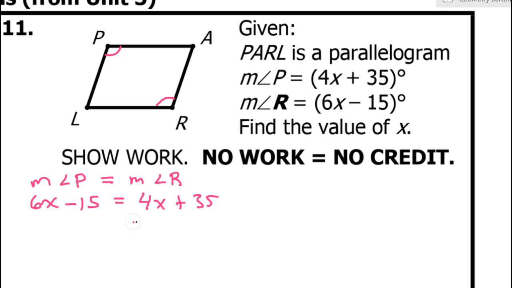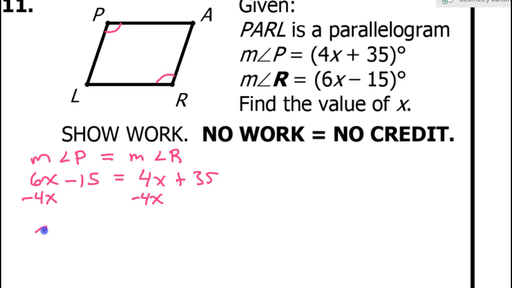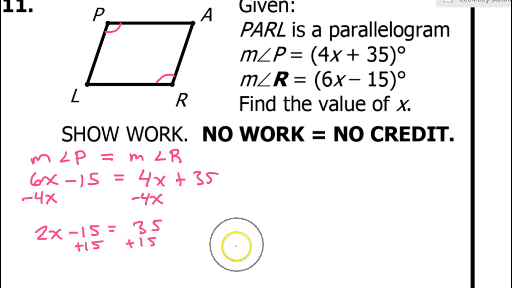Anyway, I can't just combine like terms because these are on opposite sides of the equation. So I need to subtract 4x from both sides to get them on the same side. So that's going to give me 2x minus 15 is equal to 35. And then I would need to add 15 to both sides.